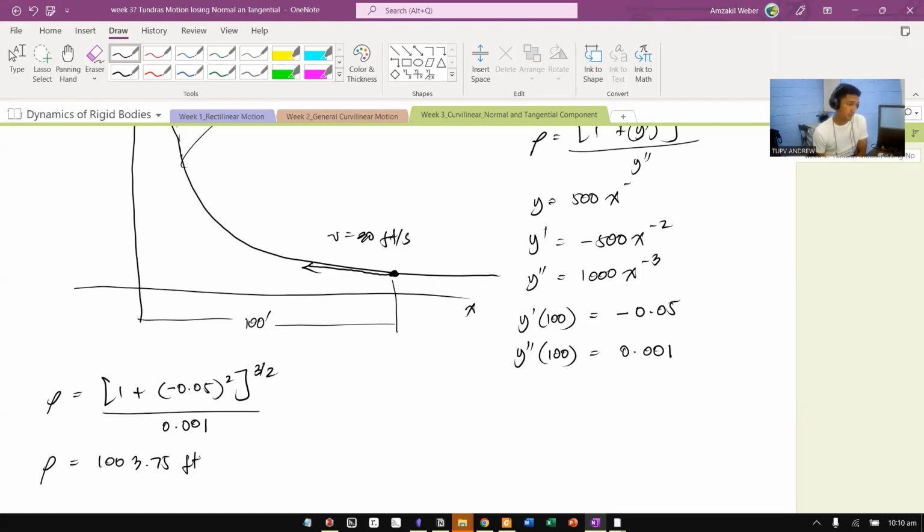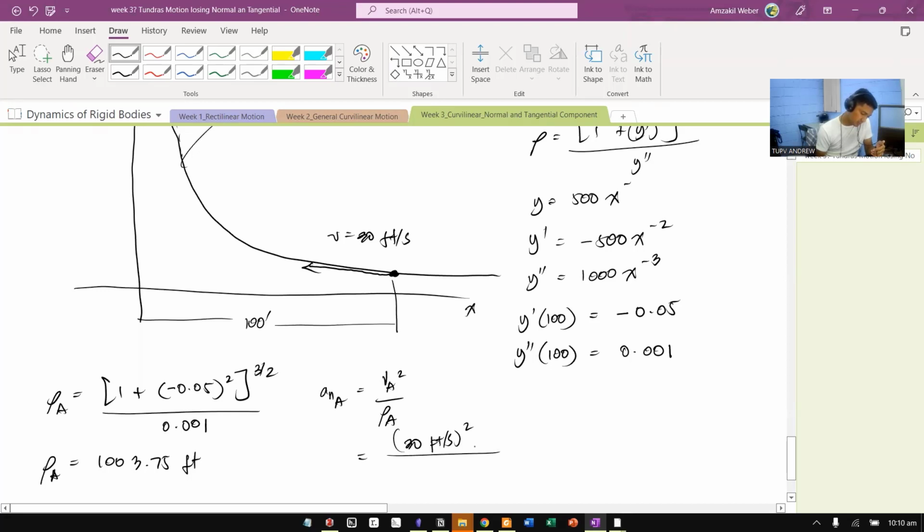So this is point A. The acceleration at point A is equal to v squared divided by rho, which is 30 squared divided by 1003.75 feet, which is 0.8897 feet per second squared.